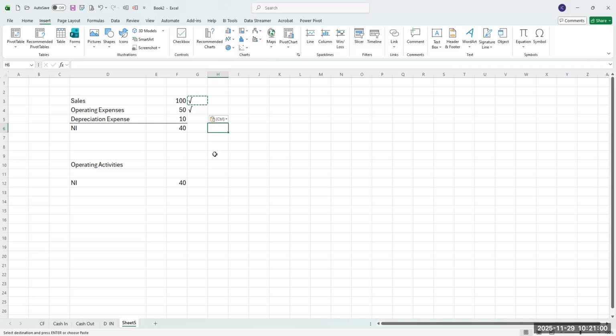What do you think? Cash income will be only for the items that I'm paying cash versus the items that I have accruals. Does depreciation expense reduce my income or increase my income? If I don't have depreciation expense, what's going to happen with my income? Is it going to go up or go down?